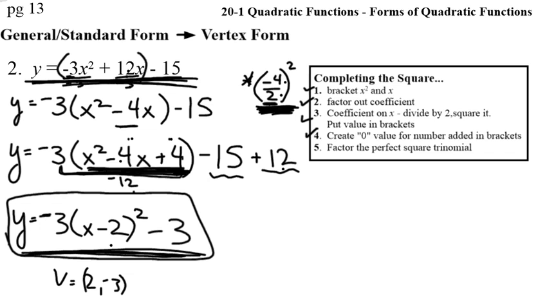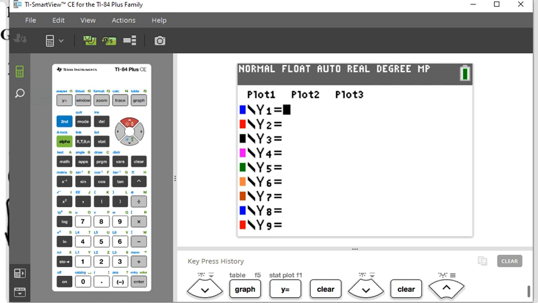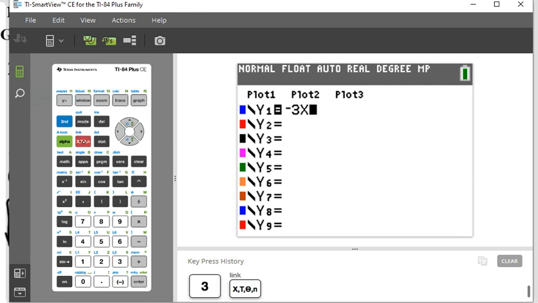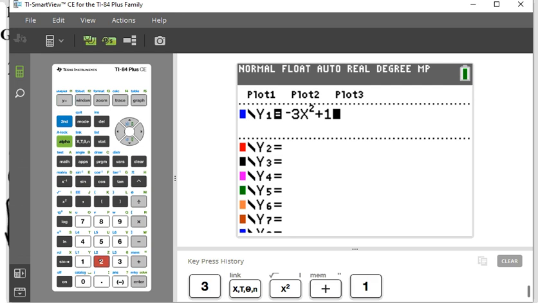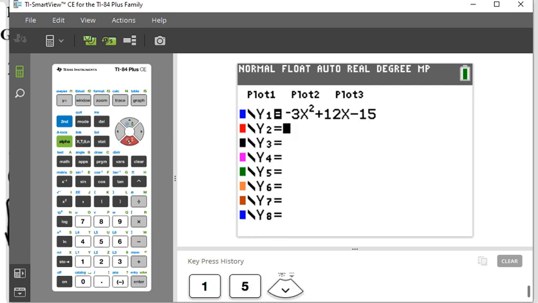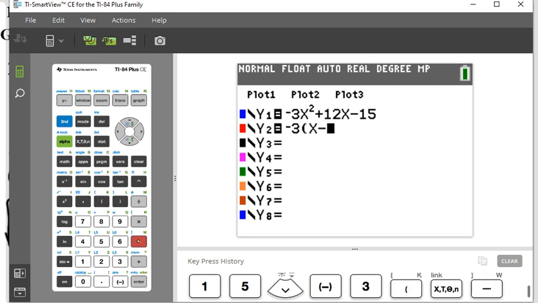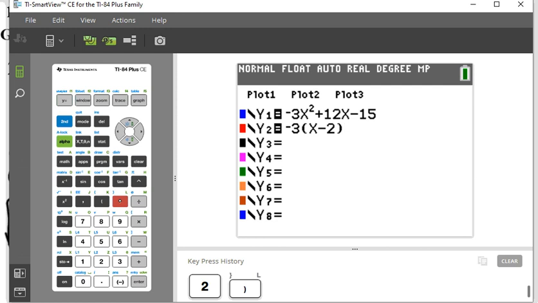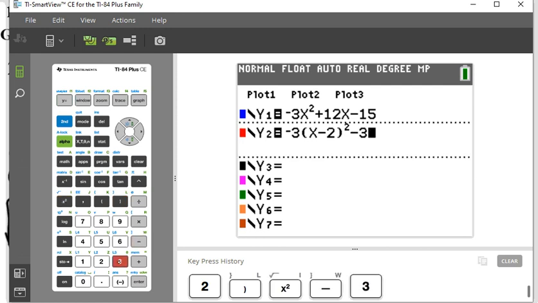Let's do a quick check. Do we have the right information to get the same parabola? We started with negative 3x squared plus 12x minus 15, and we turned it into negative 3 bracket x minus 2 squared minus 3.